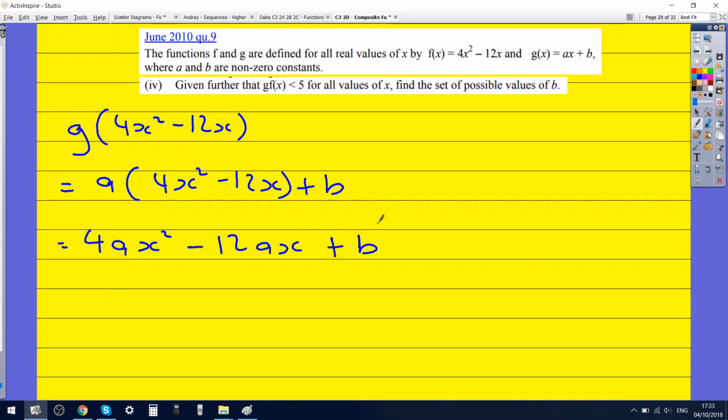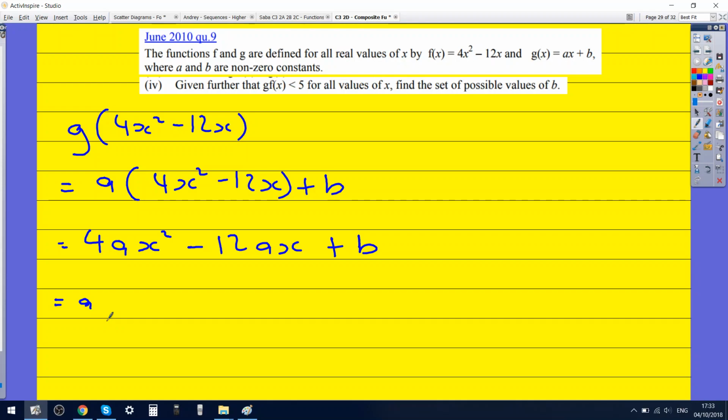Then what do we do after that? Do we factorise it? Can it be factorized? You can take ax out, so then you get 4ax minus 12.